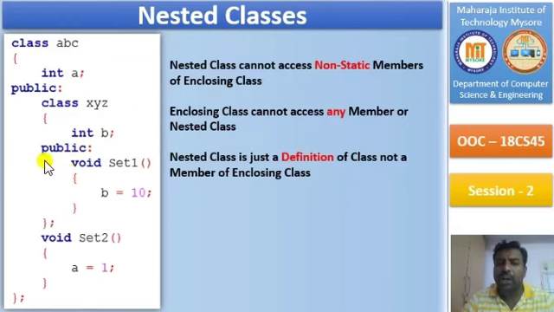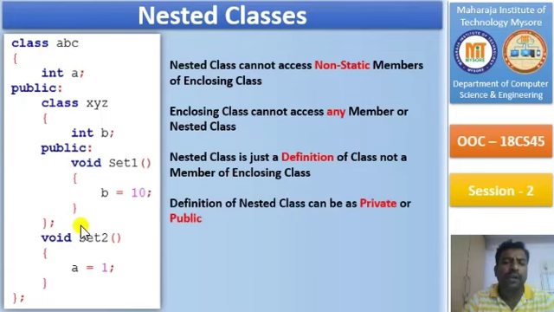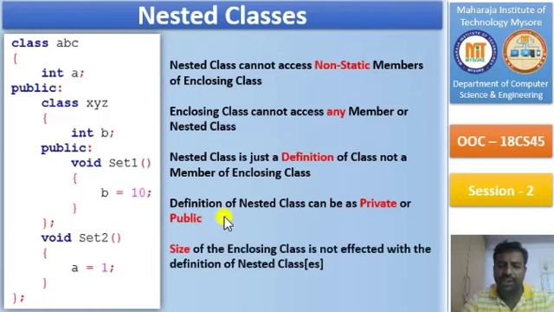So remember, right now class ABC has only two members. One is the data member int A and the other is the member function set2. Any other members ABC doesn't have. Class XYZ is just a definition, not a member. If I am defining a nested class inside another class, this definition can be in the private section or in the public section.